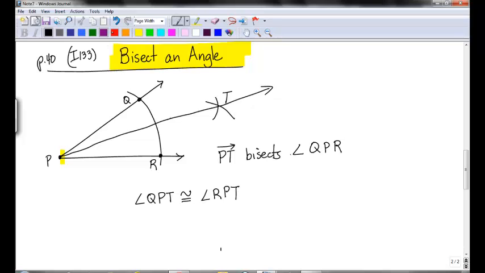So this angle is the same as this angle. And that's how they mark it in geometry. They use little marks. And that's how you basically bisect an angle.